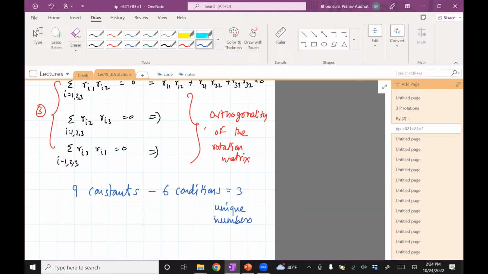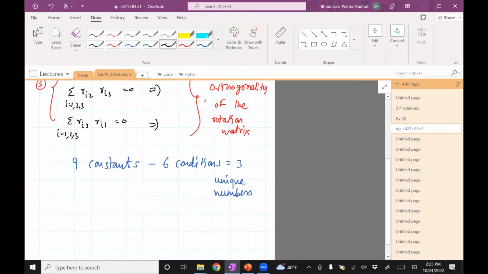And so you need only 3 quantities to define a rotation matrix, not 9.